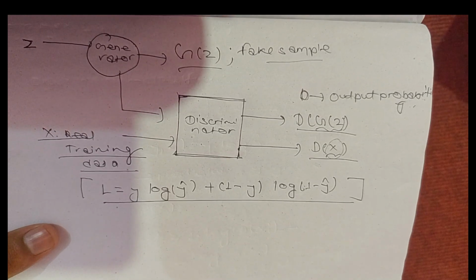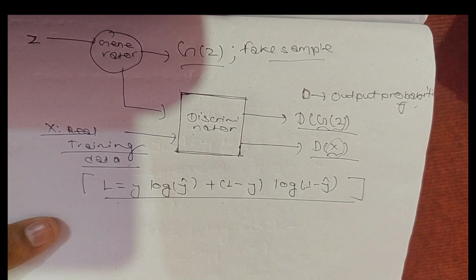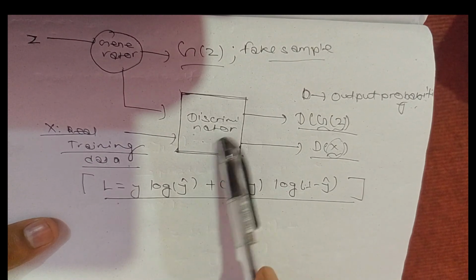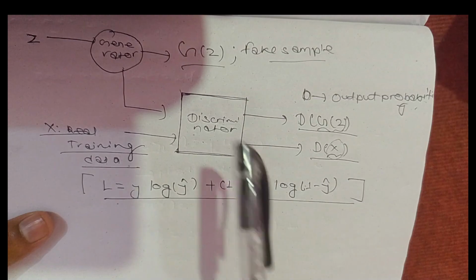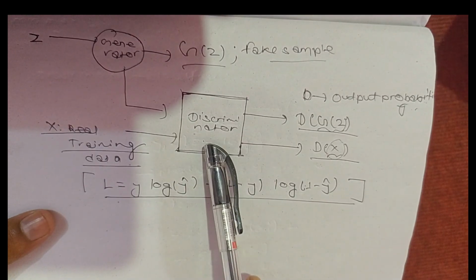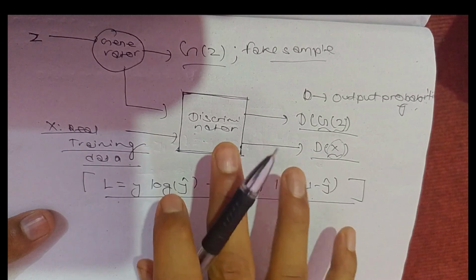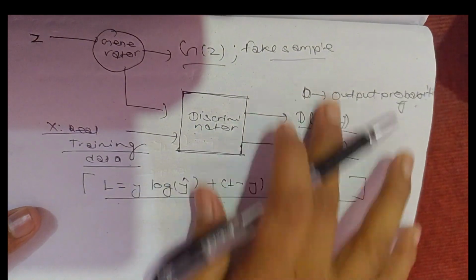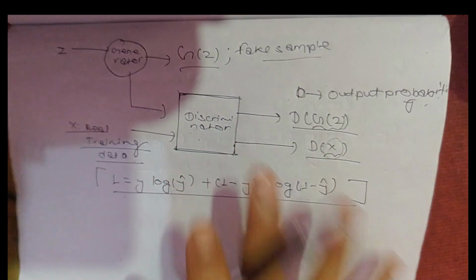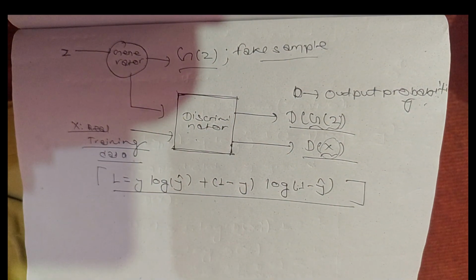Think like we are building this network for the first time. We don't know about any objective of the whole network. So first of all, we are just focusing on the discriminator, which is just a binary classifier that will classify real and fake, isn't it?